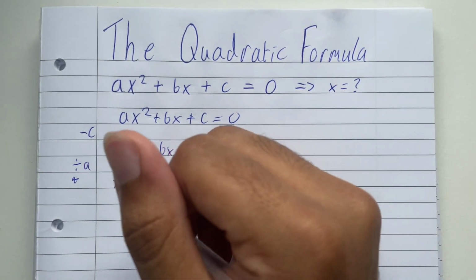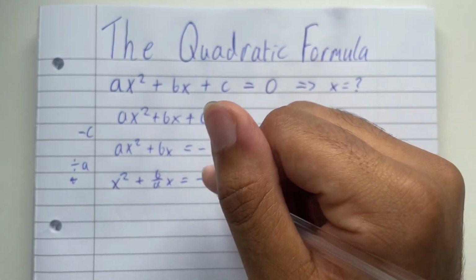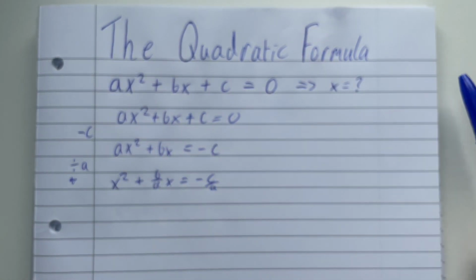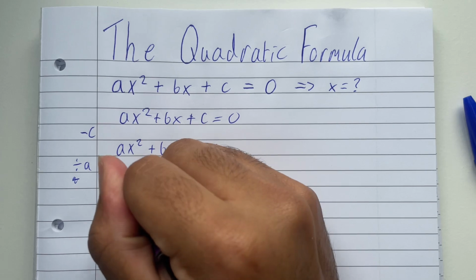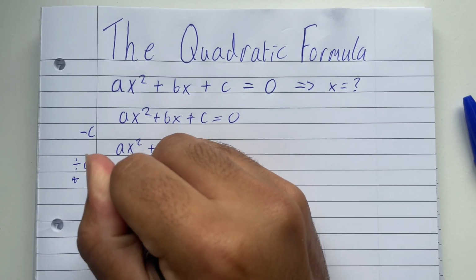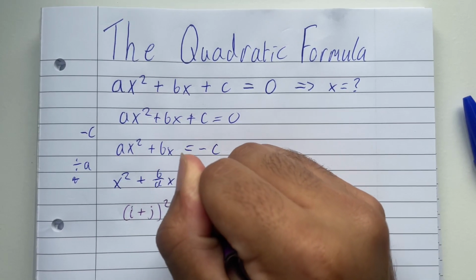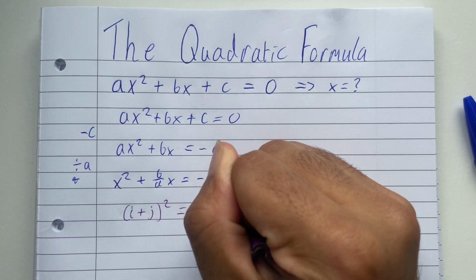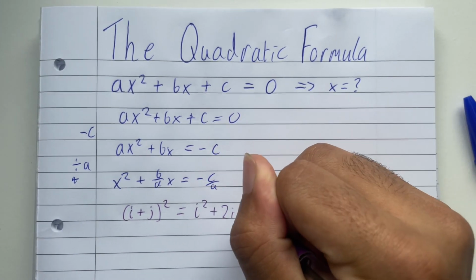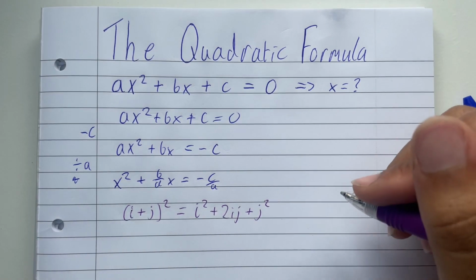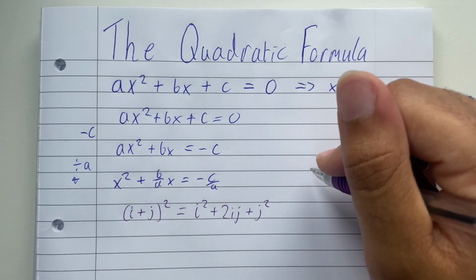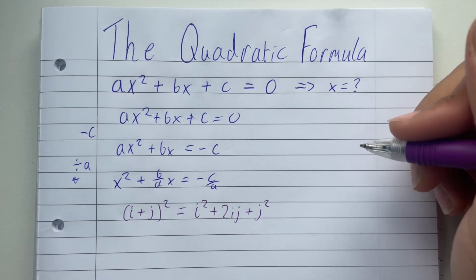And now we're going to have to do a technique called completing the square. Now, how do you complete the square? Let me remind you. Let's say I have something like i plus j squared. This will equal i squared plus 2ij plus j squared. Now, if you don't know this off by heart, you can always do the FOIL method, but I won't show it here.